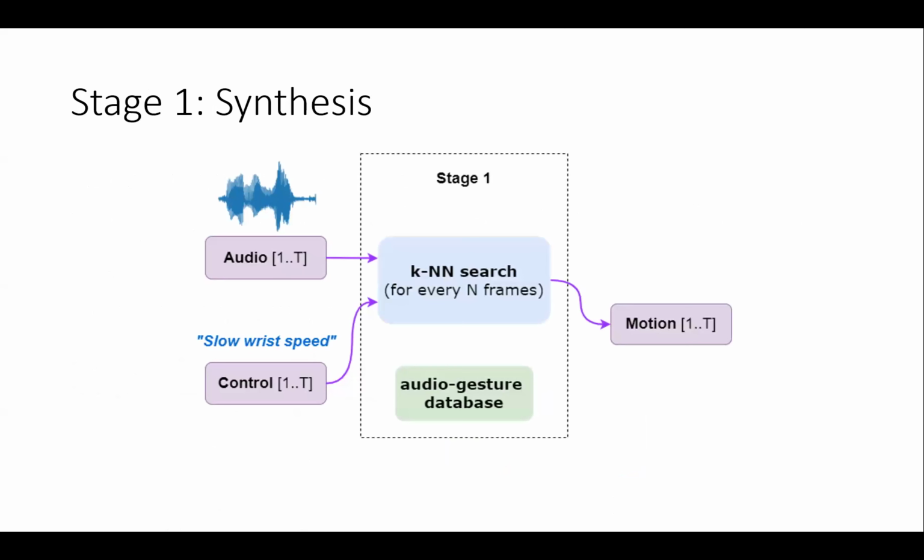And so what we wanted to do is use this with audio and then with animator controls. So we have both audio input and we have controls such as make the left hand slow, make the left hand further from the body, raise the height of the left hand, fairly low level controls. And we did a very simple search. We just did a KNN search based on these controls, and we output motion.